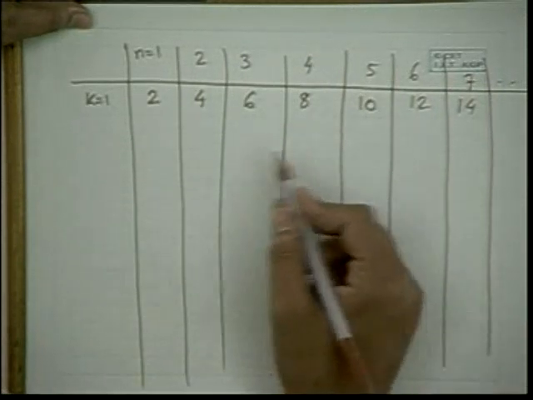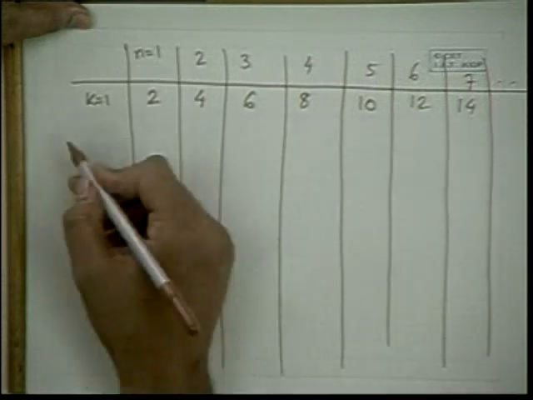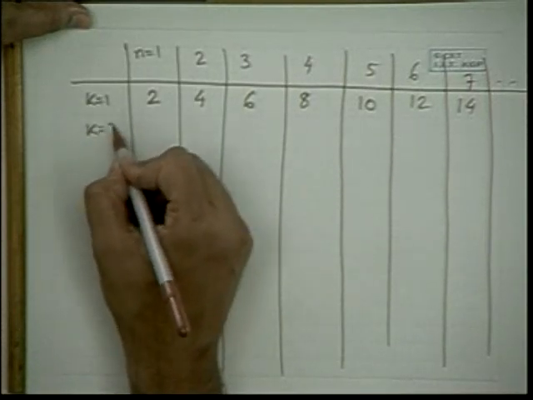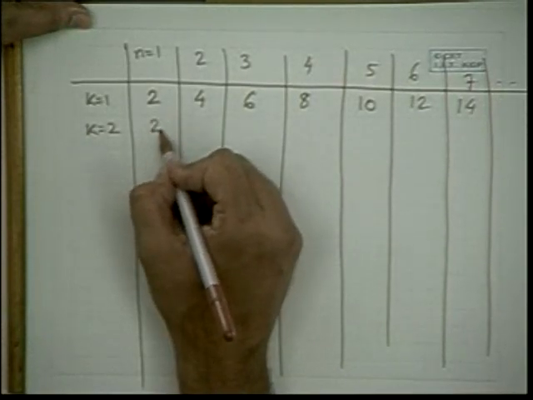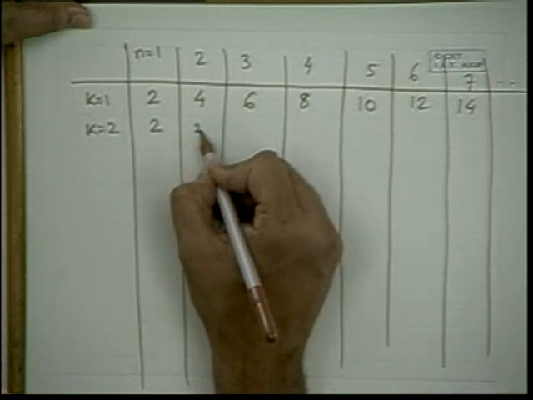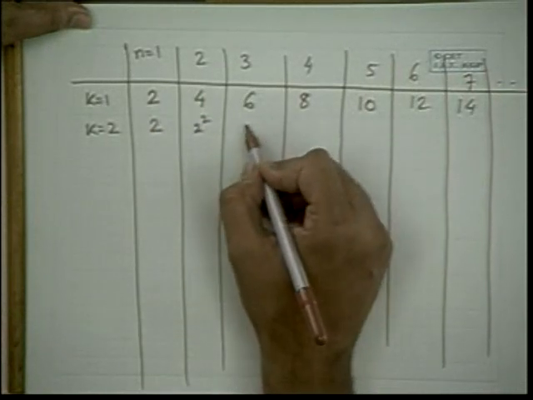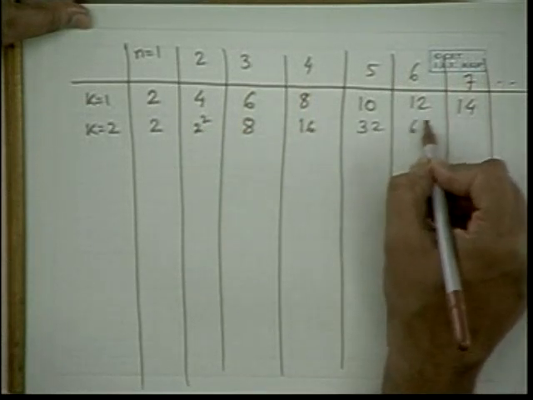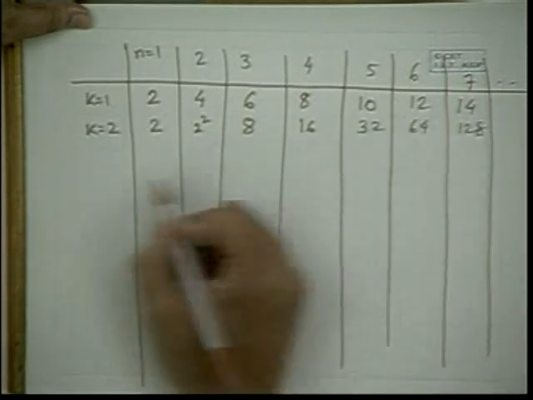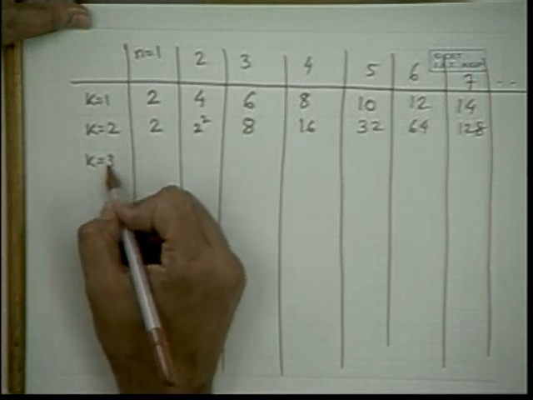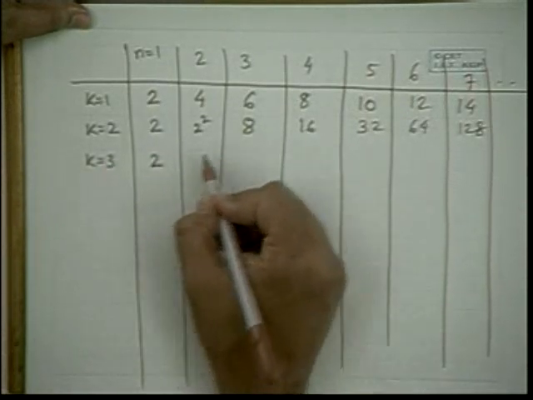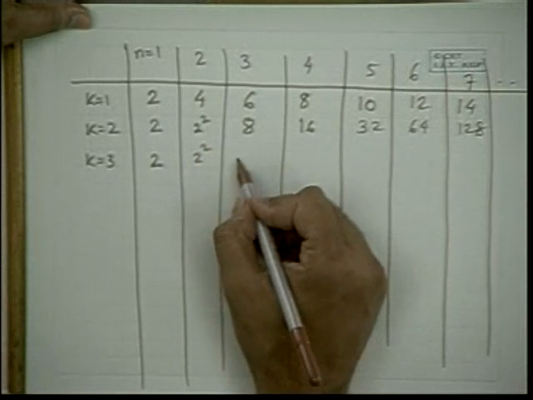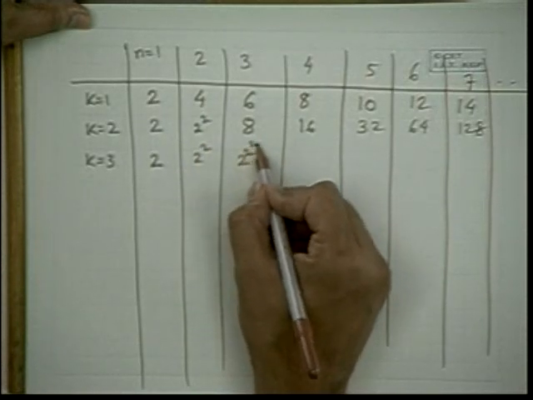Basically it is 2n, if you go back to the definition. Then k is equal to 2: this will be 2, then 2 squared, then 8, 16, 32, 64, 128. For k equal to 3, it will be 2, 2 squared, then 2, 2, 2.